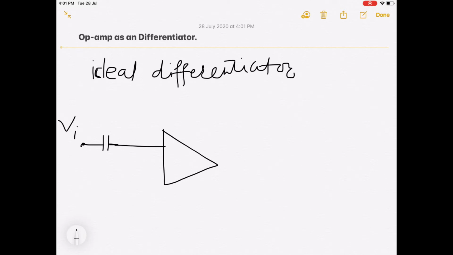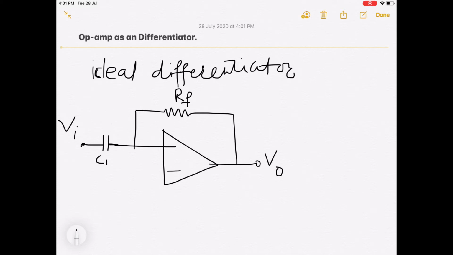Suppose this is Vi, this is the C1 input, and then there is the feedback resistor Rf, which is exactly opposite of the integrator. This is Rf, then this is Vo, the inverting and non-inverting terminals, and suppose we have connected here one R compensation resistor and then grounded.